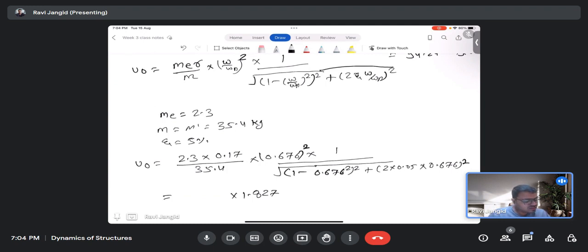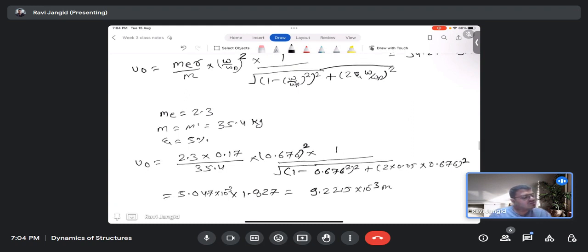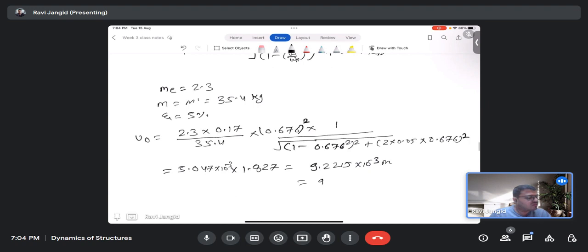So I am getting this as 5.047 into 10 raised to power minus 3, and if I solve this, I am getting 9.2215 into 10 raised to power minus 3 meter. If I simplify this, this will be 9.22 mm. Is it okay? Yeah, correct.